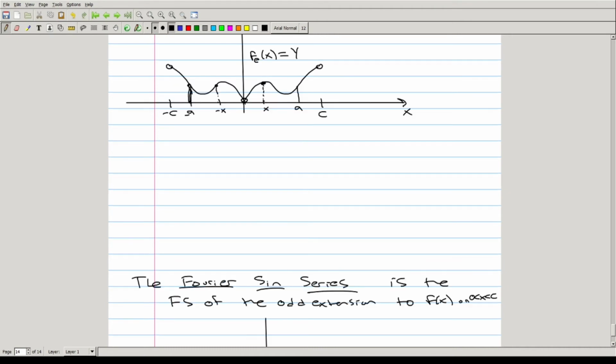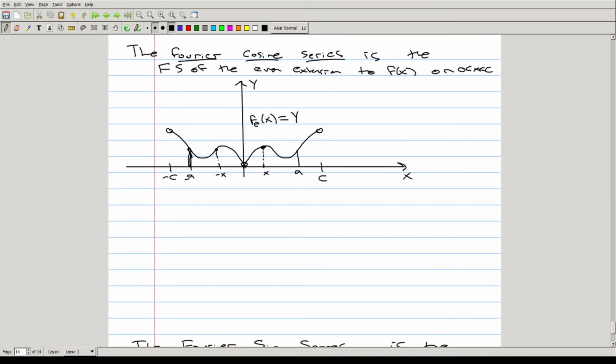What does this mean? Well, it means that this function, we expect it for a series to converge to the function on this entire interval right here.